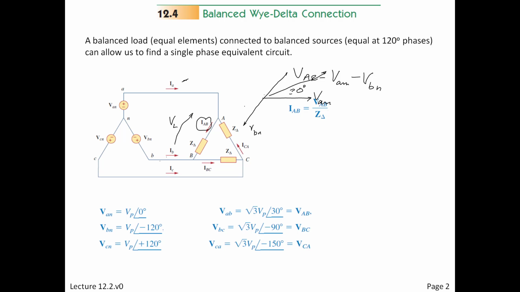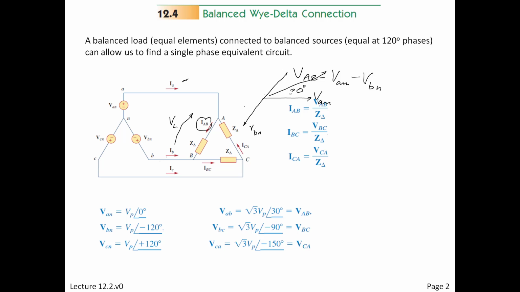Capital VAB and small VAB right now are the same thing. Important to keep that straight in the pictures. I notice in this text the author freely switches, it seems to me, between lowercase and uppercase, and it's wise to just always look at the pictures being referenced so that you don't make an assumption that isn't going to be true. The other two currents then are these.